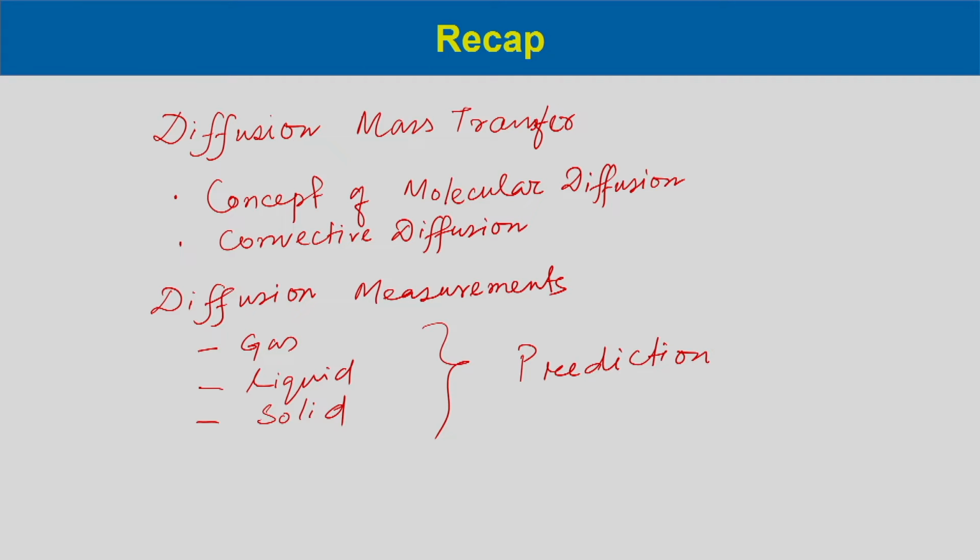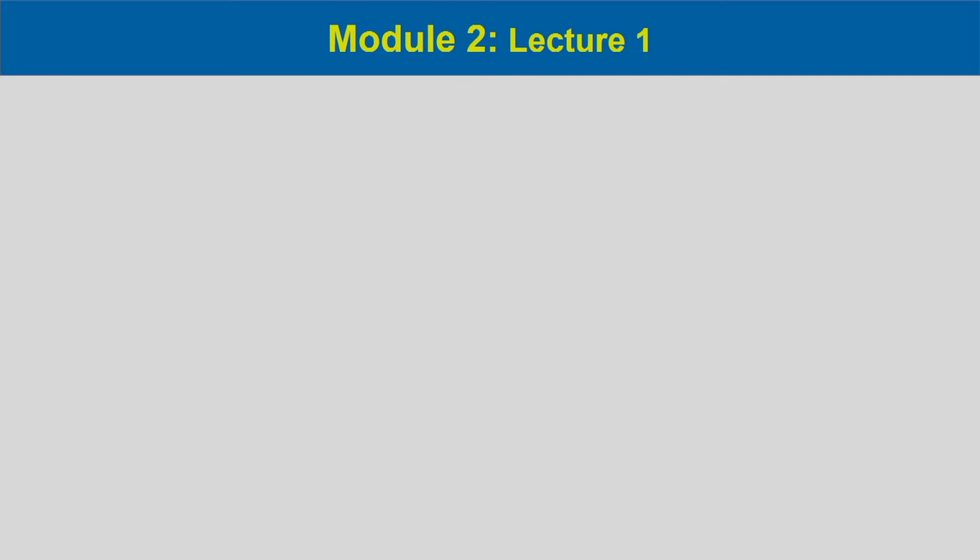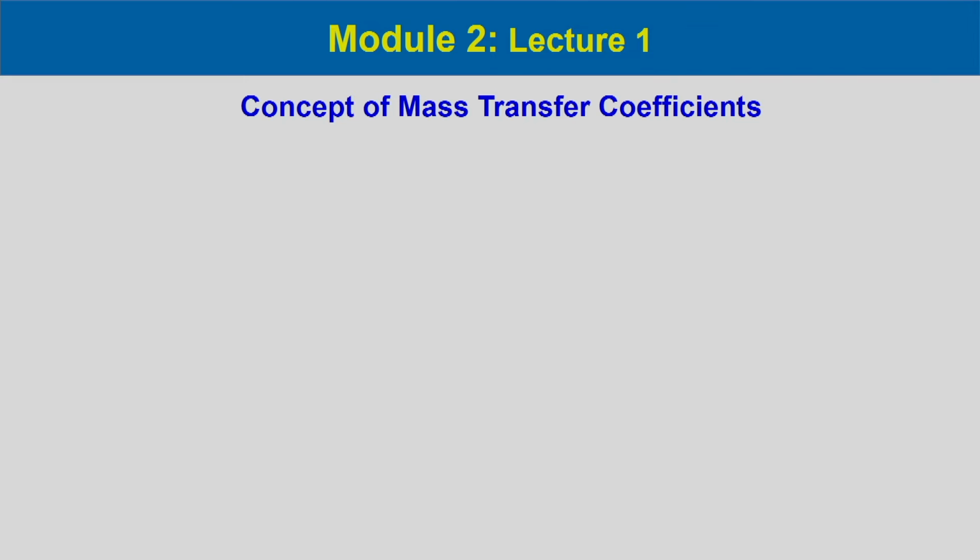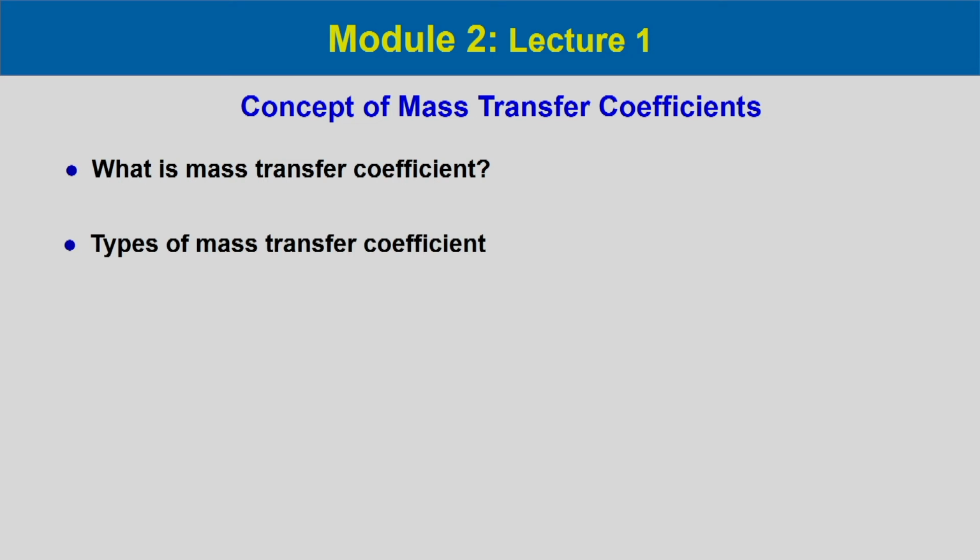So, in this lecture, we will consider the concept of mass transfer coefficient. In the first lecture, we will mostly concentrate on what is mass transfer coefficient, types of mass transfer coefficient, diffusion of A through non-diffusing B, and in that case what should be the mass transfer coefficient.